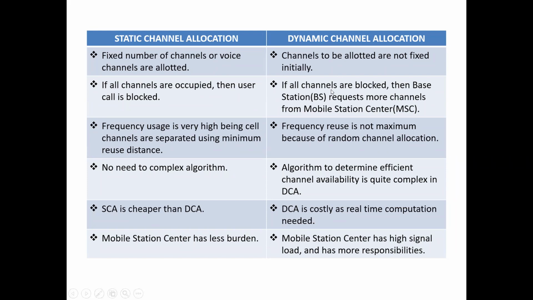So the mobile station center in dynamic channel allocation has more responsibility when compared to the mobile station center in static channel allocation. So these are the differences between static channel allocation and dynamic channel allocation.